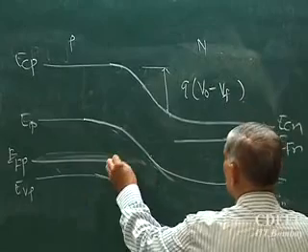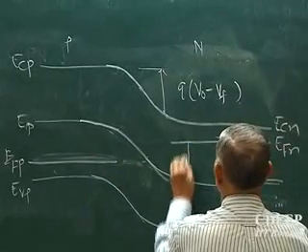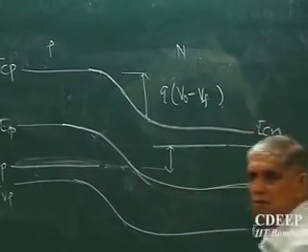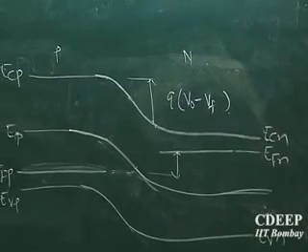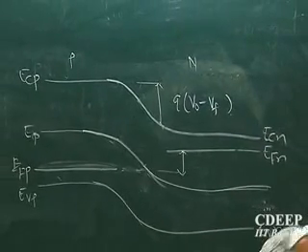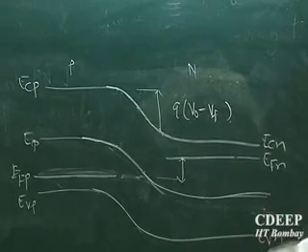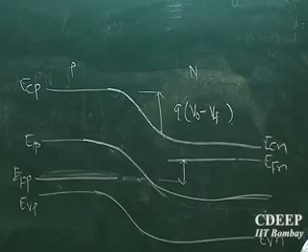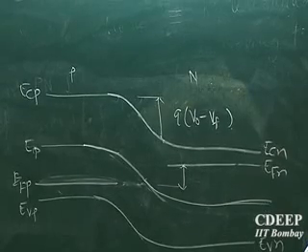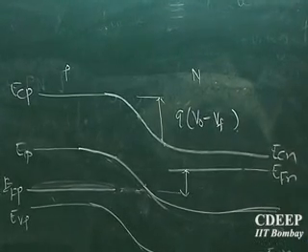So the difference between these two values is also how much? The applied voltage. If you would not have applied voltage, they would have been in the same position. As soon as you apply forward bias, they split. So splitting of Fermi levels in quasi states is essentially a measure of applied voltage.